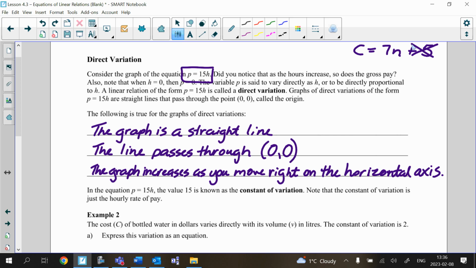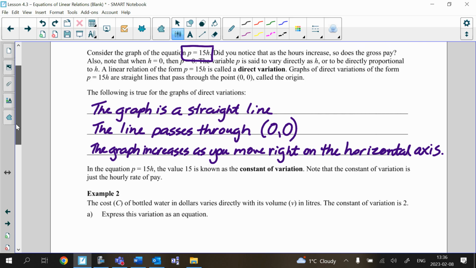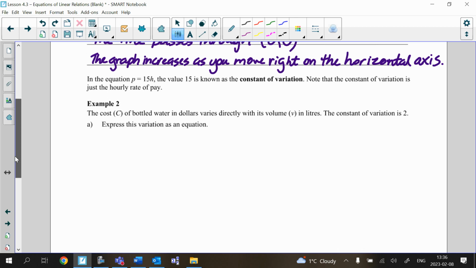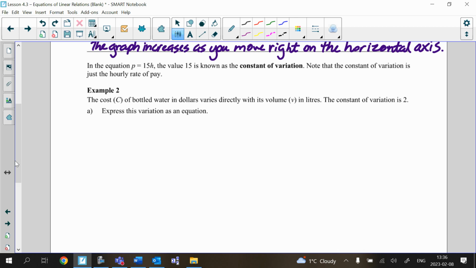So looking at another example, the cost of bottled water, and we're going to call cost capital C, varies directly, so that means direct variation, with its volume. Which one's independent, which one's dependent?